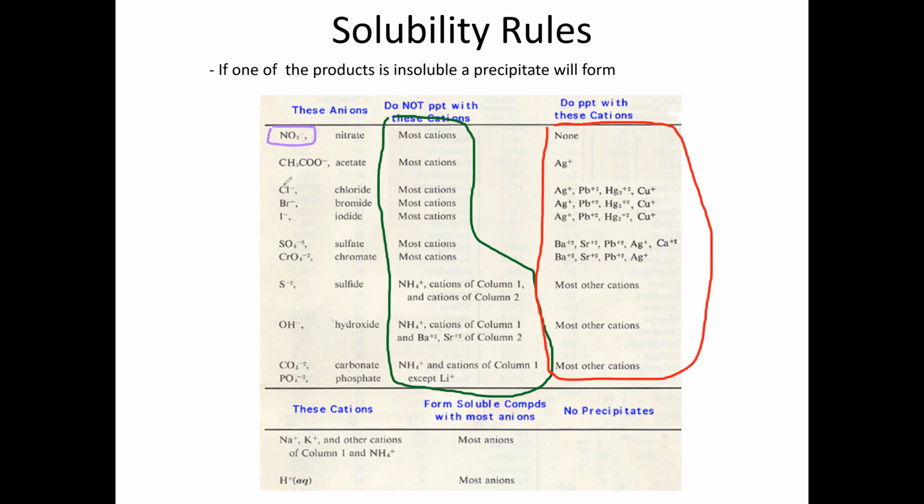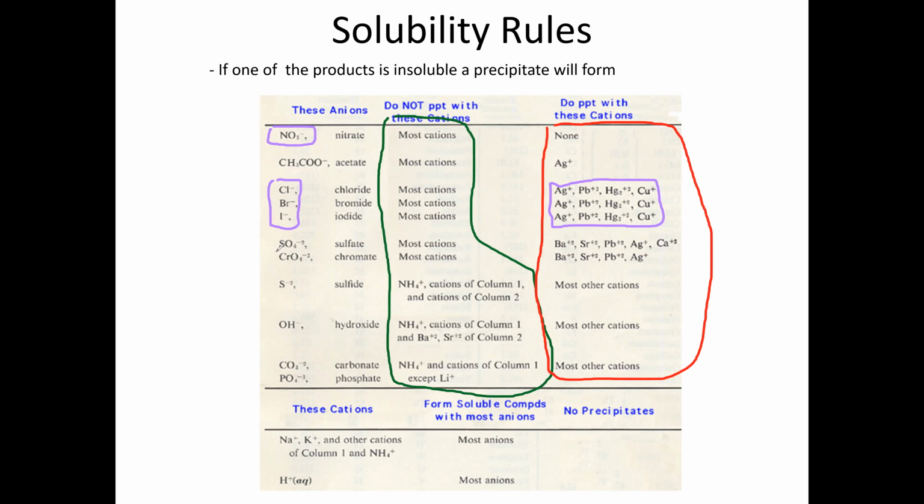Another common one is the halides, so chloride, bromide, and iodide. These halides, only these four cations are insoluble. It's another important one. So for example, silver chloride or lead iodide that we saw on the previous slide, these would be insoluble.